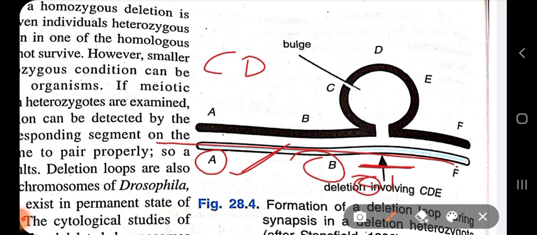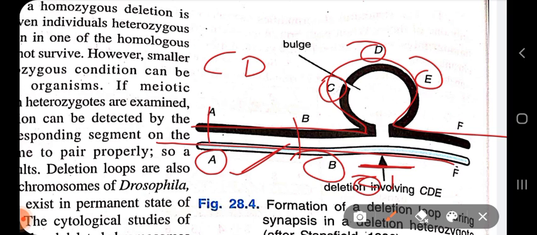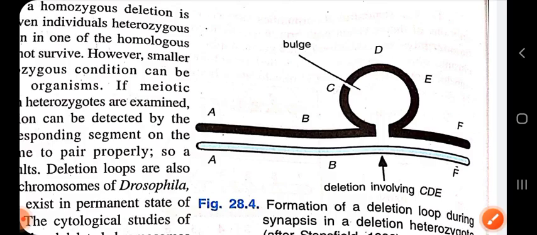The upper chromosome of the homologous pair is normal, but as the CDE region is not there, they fail to pair. But they still want to pair with the homologous regions, so they form a deletion loop-like structure in order to pair completely with the homologous chromosome.